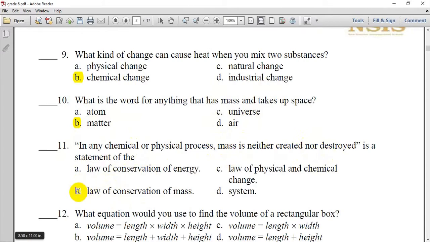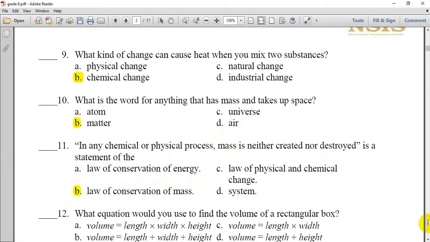The law of conservation of mass. If we replaced this word with energy, energy also, like mass, both of them cannot be destroyed or created. So if this word is mass, we will choose the law of conservation of mass. If this word is energy, we will use the law of conservation of energy. Okay, grade 6?